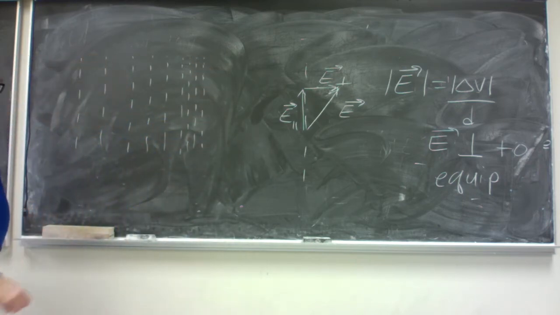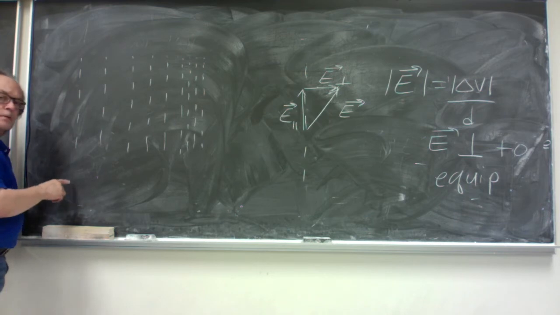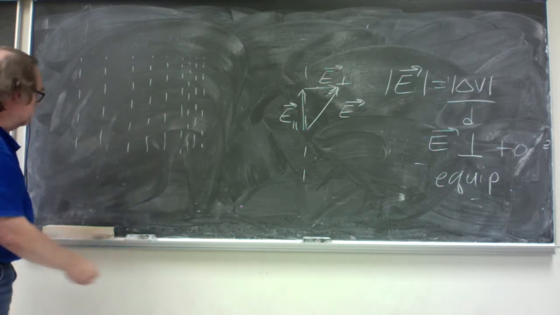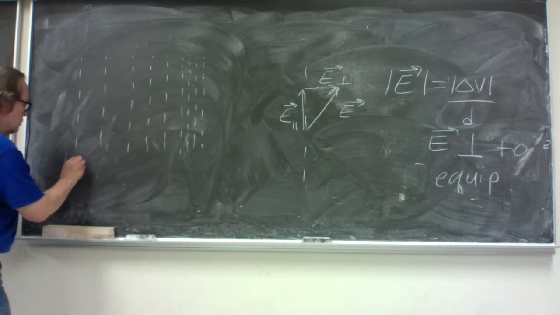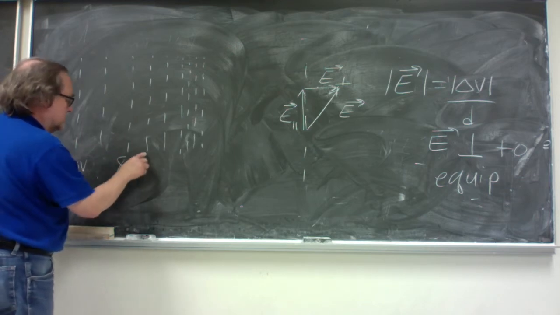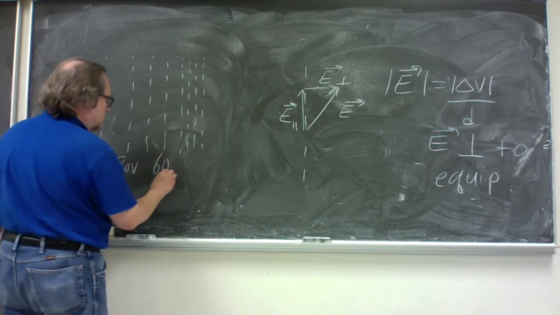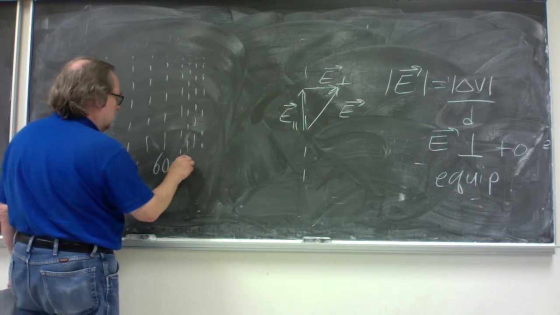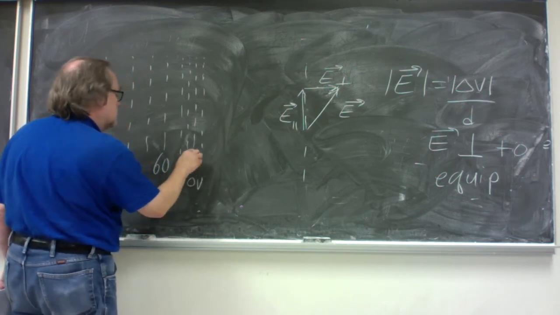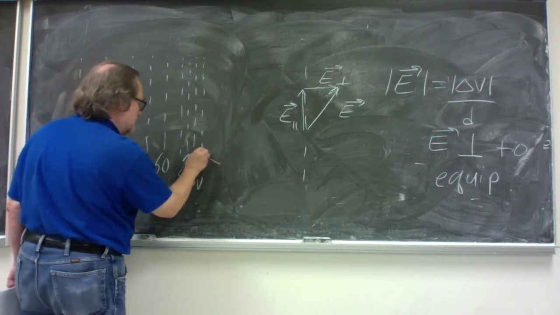Okay, and let's say the direction of decreasing potential is, let's again say this way. So here's say 100 volts and 90 and 80 volts and 70 and 60 volts and 50 and 40 volts and 30 and 20 volts.